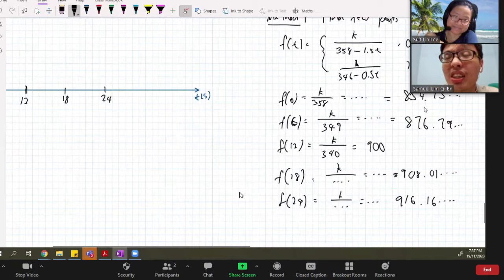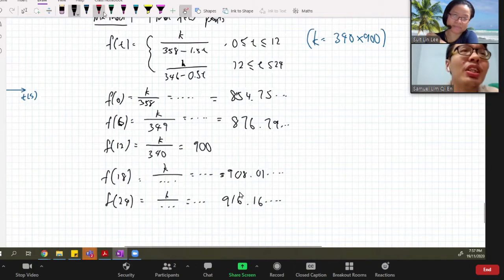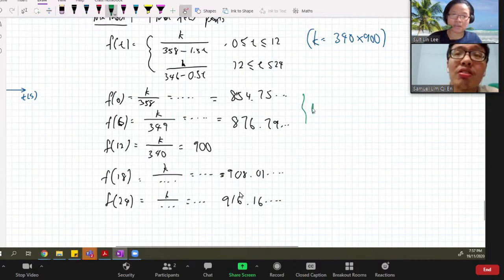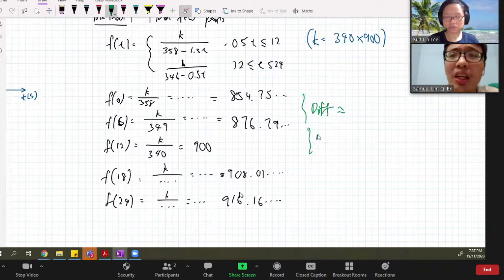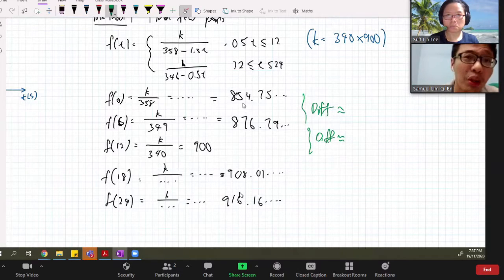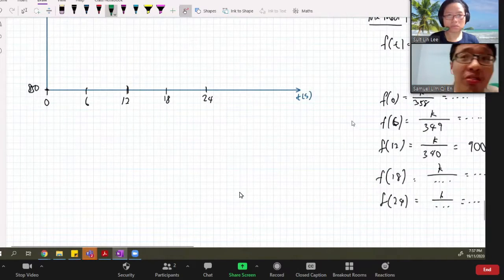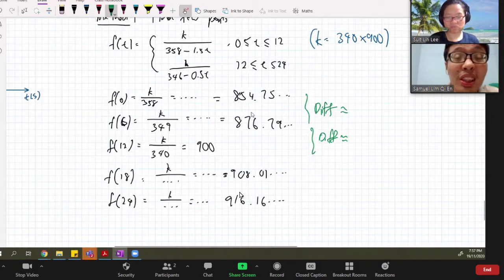So you can see the rough difference here. Let me just write here, the rough difference is about, I'm just going to do an estimation, by the way. I don't really care too much how accurate this is, because you can't really plot this point 854, like where on earth is 854. This difference is about 22, no, 875.